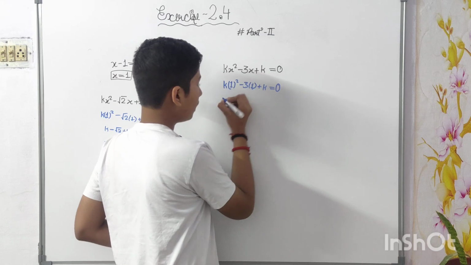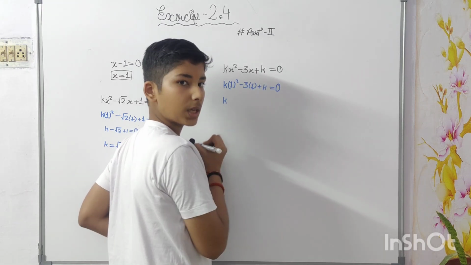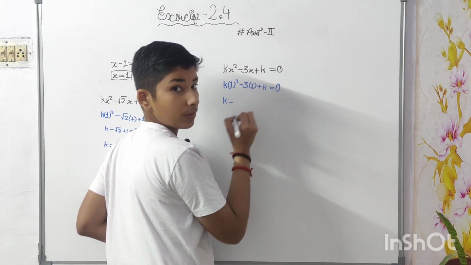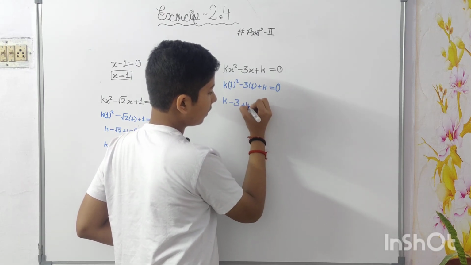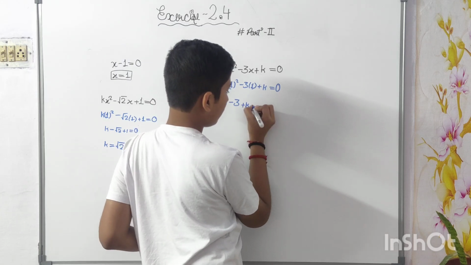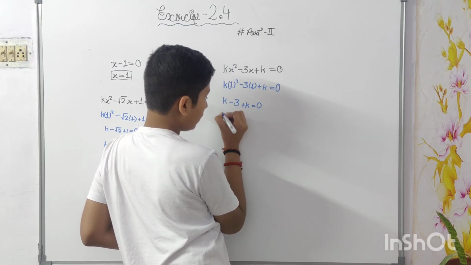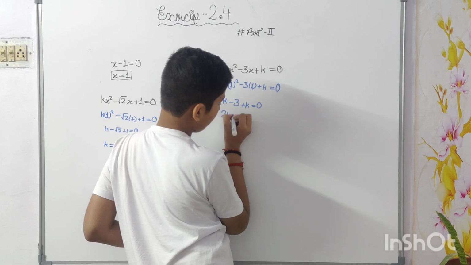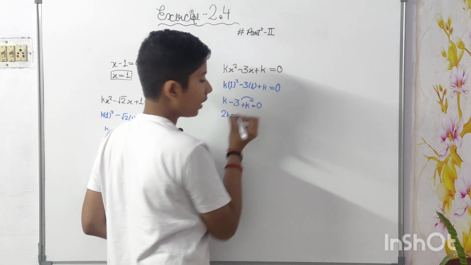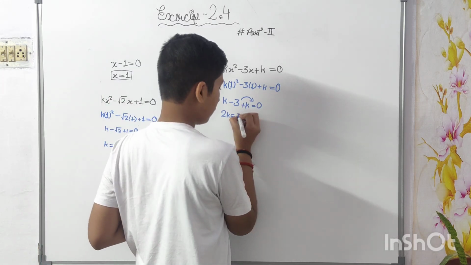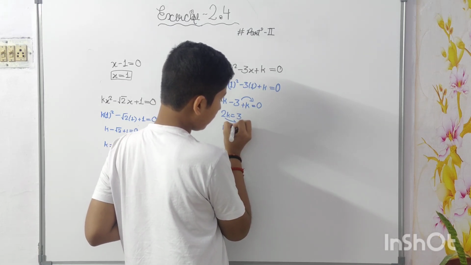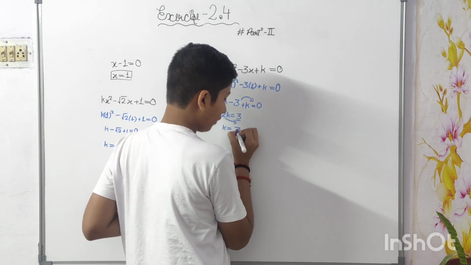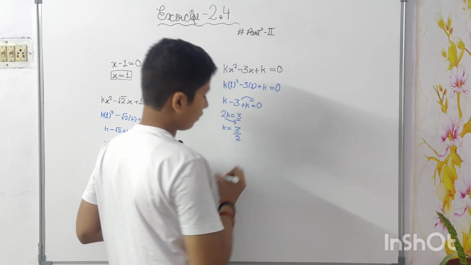Okay, now k into 1 square is k, minus 3 into 1 is minus 3, and plus k will remain as it is, equal to 0. So here will be 2k equal to 3, because minus 3 will go there and become plus 3. So what will be k? k equal to 3 divided by 2, or 3 upon 2.